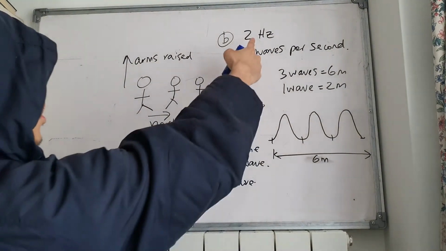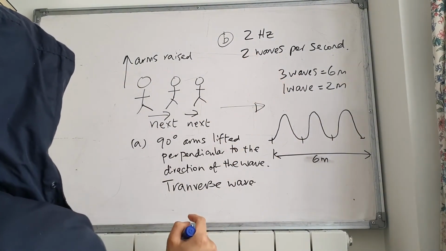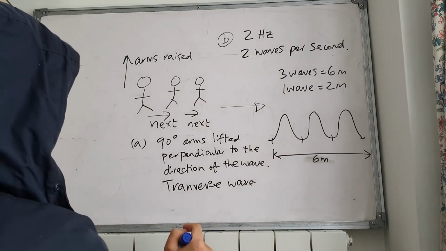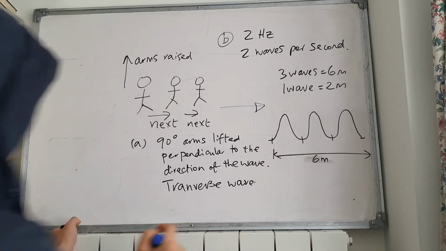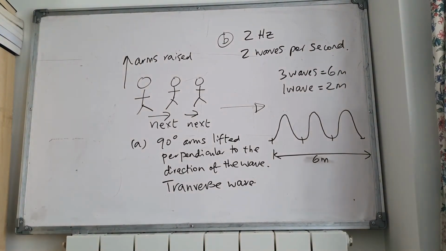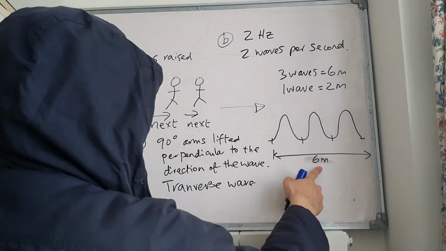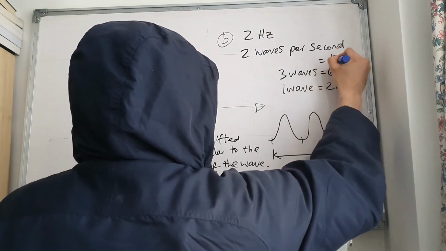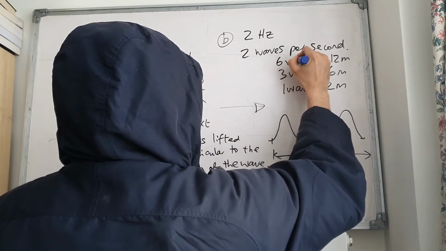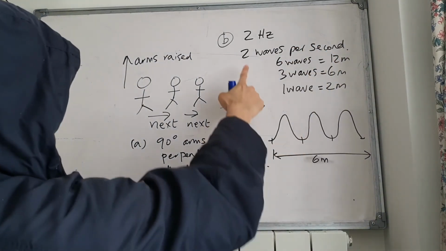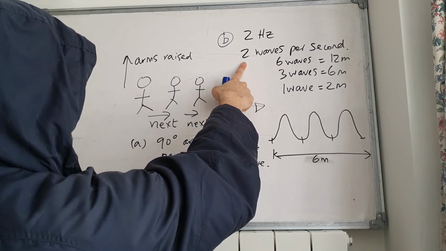And you know it's 2 hertz, so it's 2 waves per second. And it's asking you for 12 meters. So for 12 meters, that's going to be 6 waves. 12 meters is 6 waves. And you know that 2 waves is 1 second.